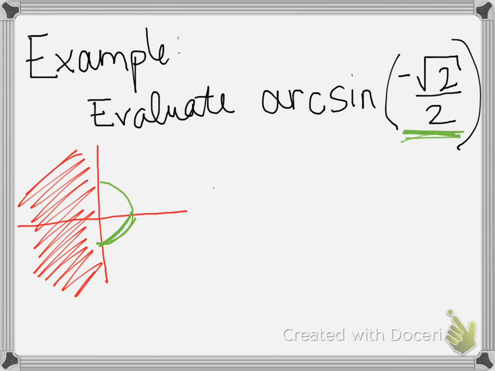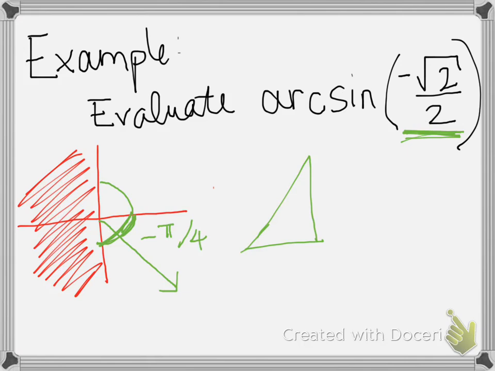And square root of 2 over 2 should be familiar to you. That is what we get when we have a π/4, π/4, π/2 right triangle, or if you like degrees, a 45, 45, 90 degrees triangle, an isosceles right triangle. So that's what we get here. This is the ray that has angle measurement negative π/4.